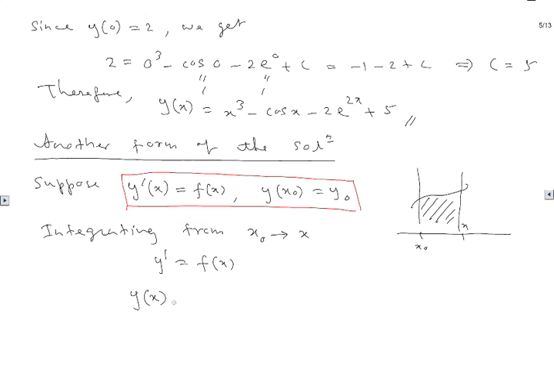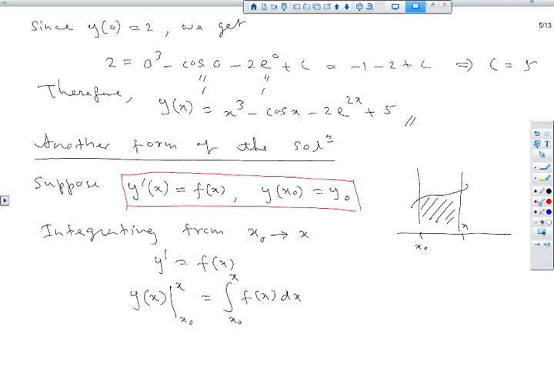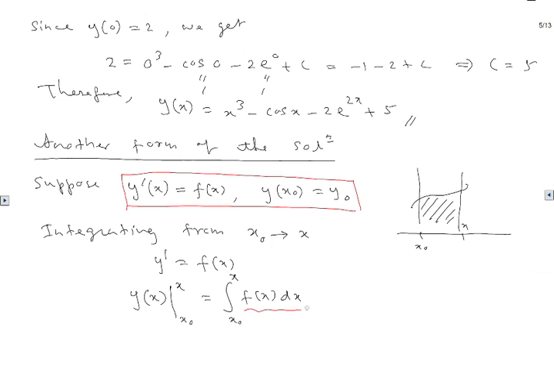But now we have limits. So what are the limits? The x has to go from x0 to x. The same thing, integral of f(x) dx, but it has to go from x0 to x. But for theoretical purposes, just to avoid confusion, we are not going to use x here.